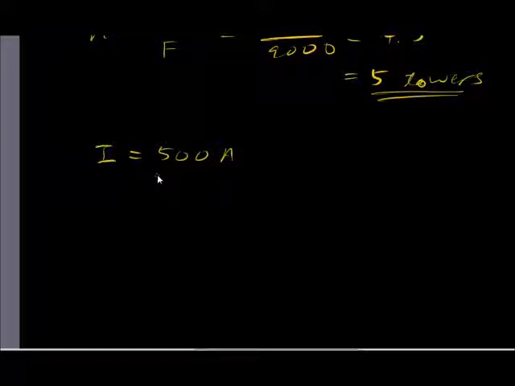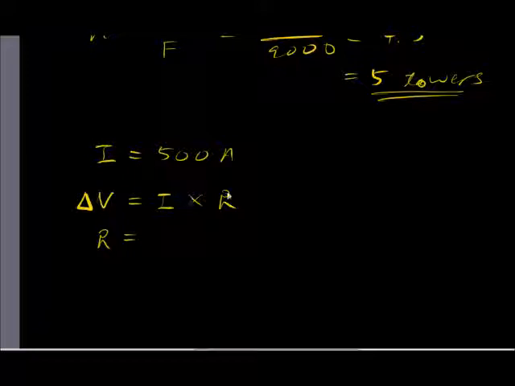To solve this kind of question, let me represent the potential difference by delta V. It is given by I, the current in the cable, multiplied by the resistance of the cable, which is actually the power drop across the cable. And so what is the resistance?